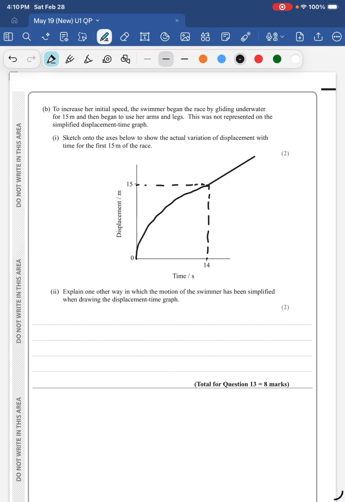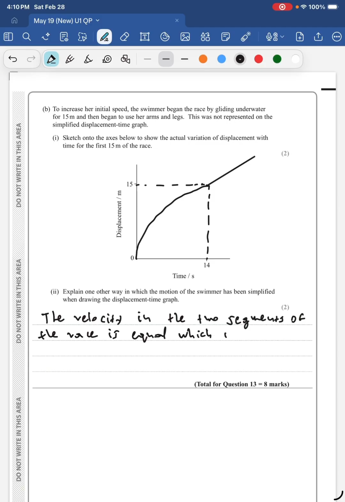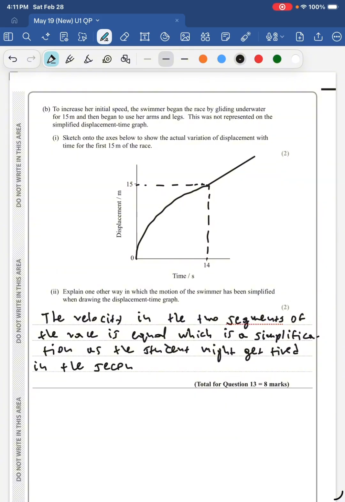So I guess the velocity in the 2 segments of the race is equal, which is a simplification, as the swimmer might get tired in the second segment.